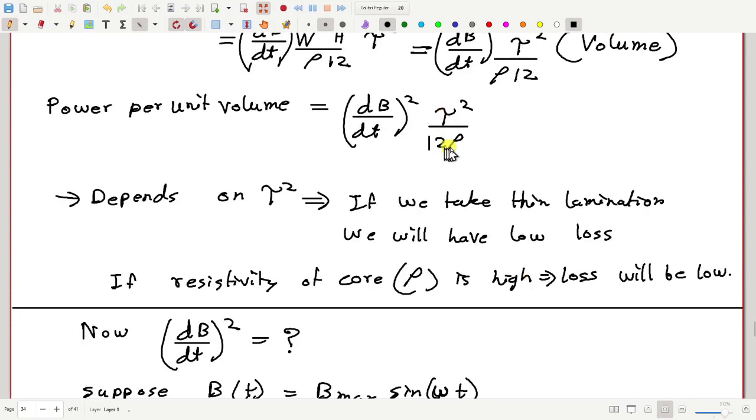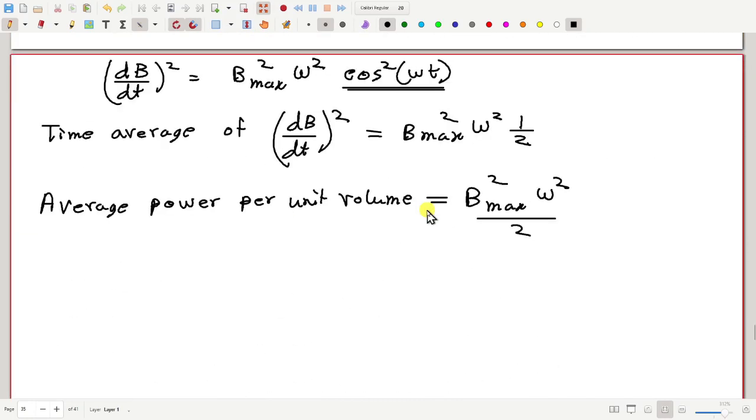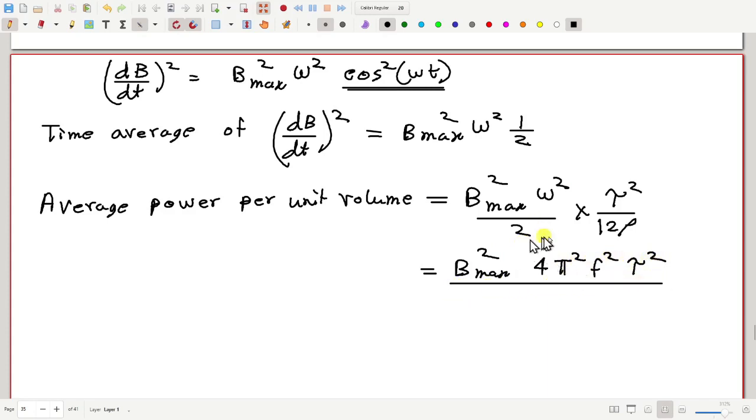No, yeah, tau square by 12 rho, into tau square by 12 rho. You may also write it as B max square, in place of omega, we can write 2 pi f. So 4 pi square f square tau square, and below we have 24 rho. And okay, let me simplify this and make it 6.